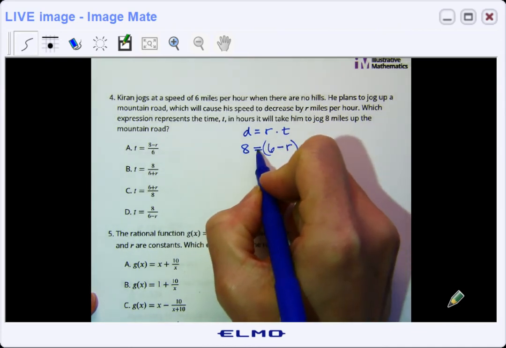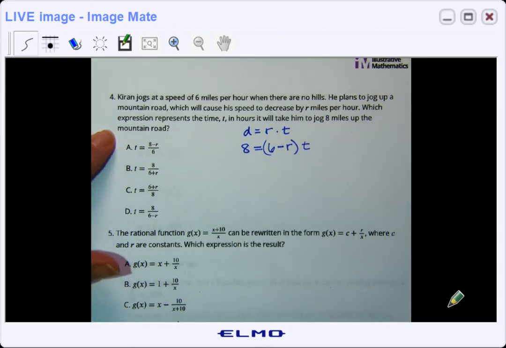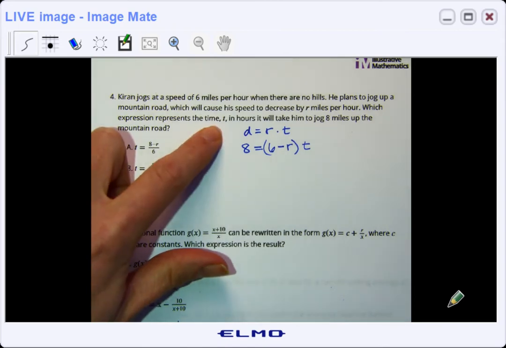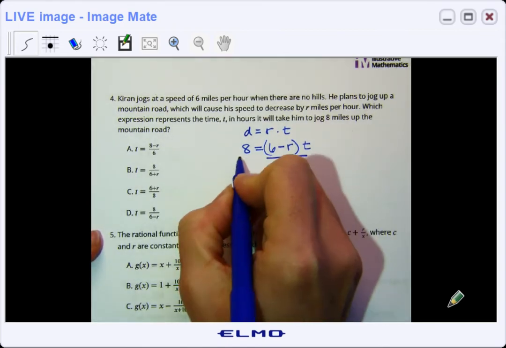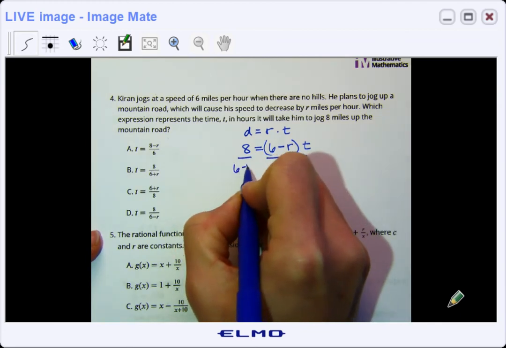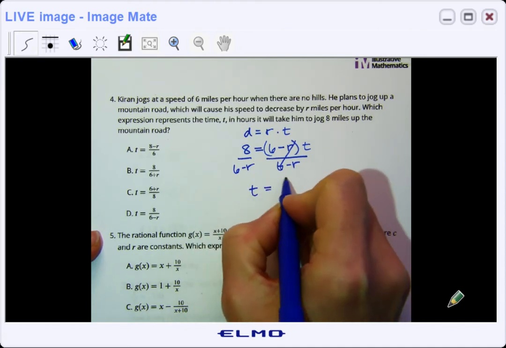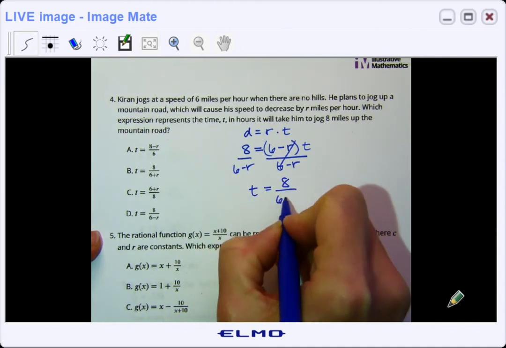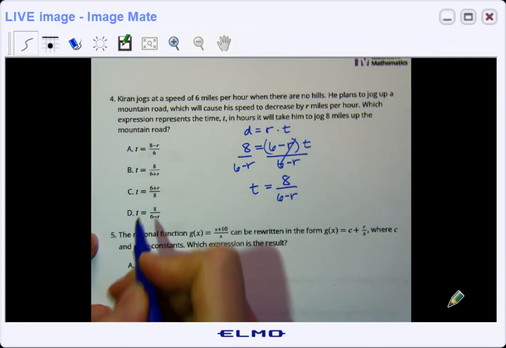Distance equals rate times time, and we want to know which expression represents the time. If I solve this for t, I just divide both sides by 6 minus r. So we have t equals 8 divided by 6 minus r, which is option D.